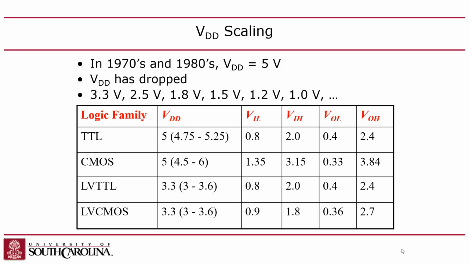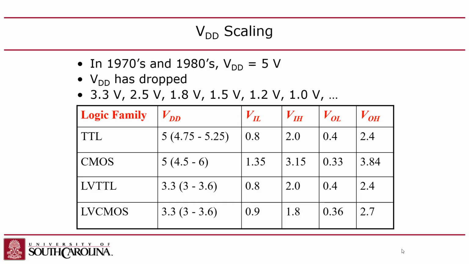So here's some numbers from the textbook. They have these different logic families. You might have heard of TTL logic, transistor-to-transistor logic, CMOS, low voltage CMOS. These are names given to logic families, or technologies.